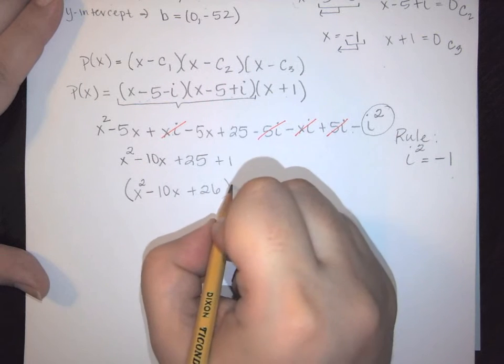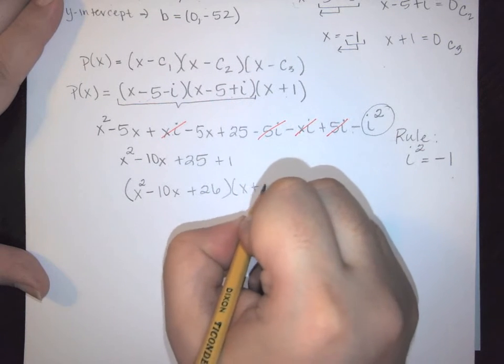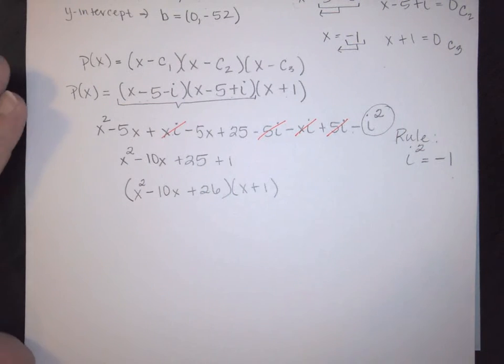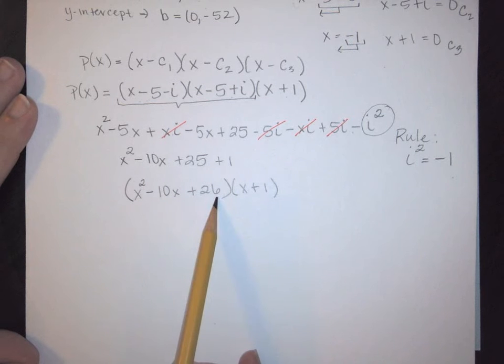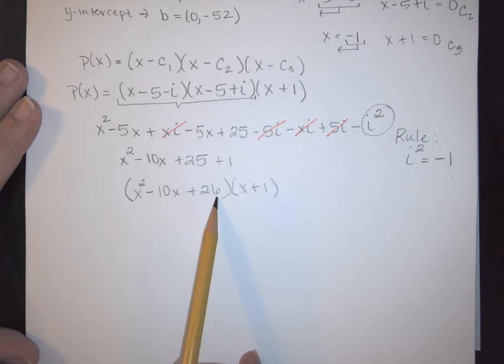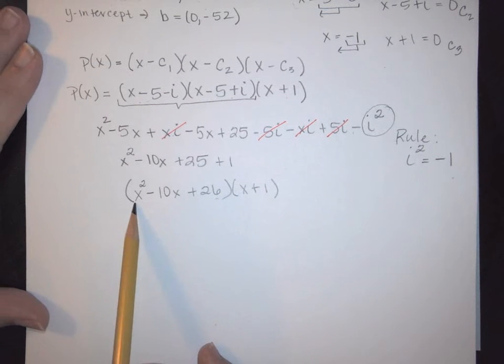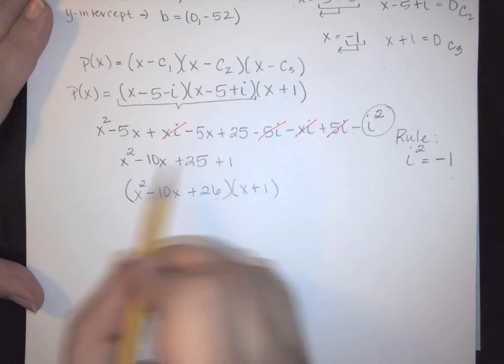And we still have to multiply this by x plus 1. Okay? Now, notice my i's have all gone away, which is what I was hoping for, because a polynomial should not have any imaginary numbers. So now here we have to multiply again.